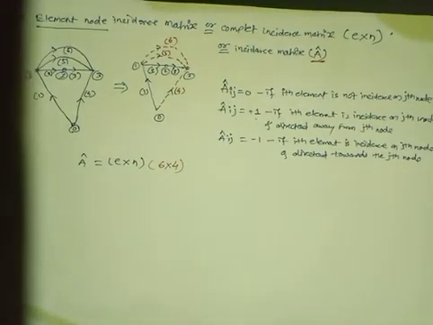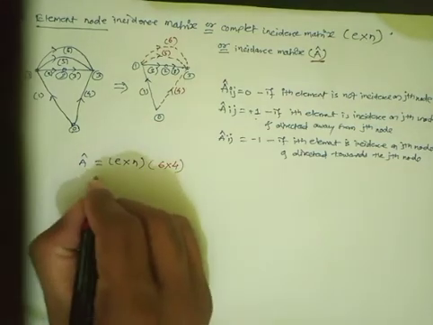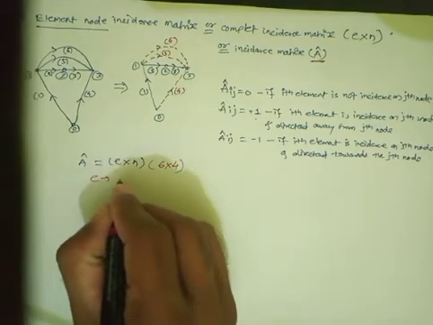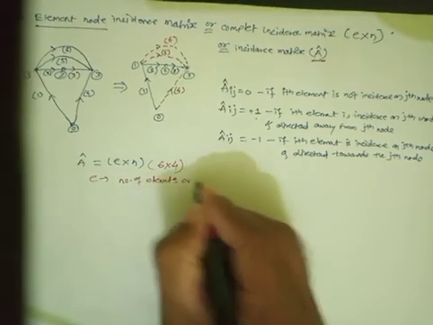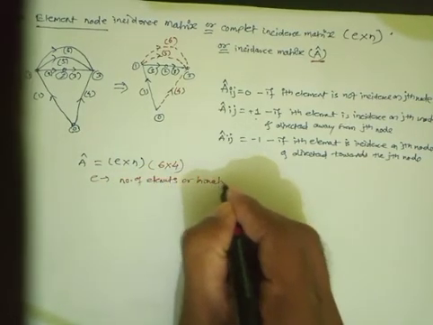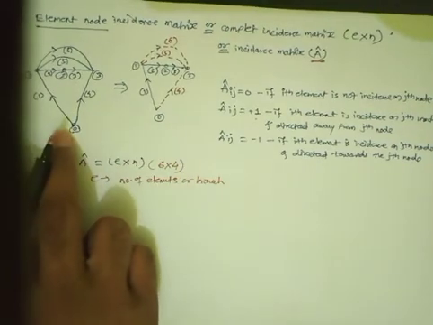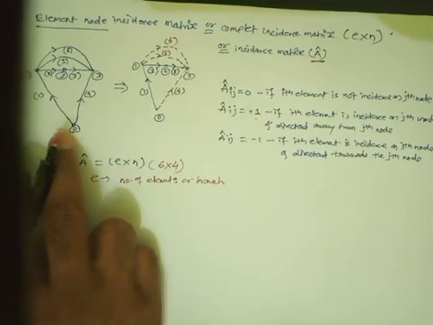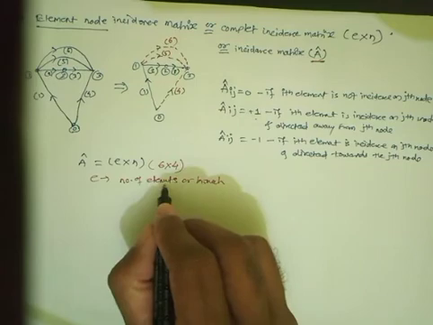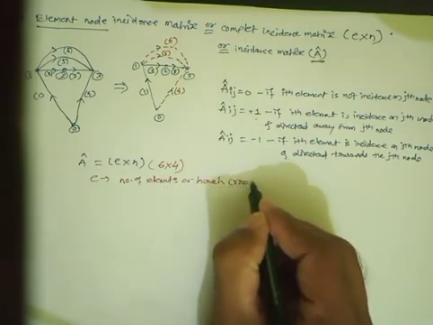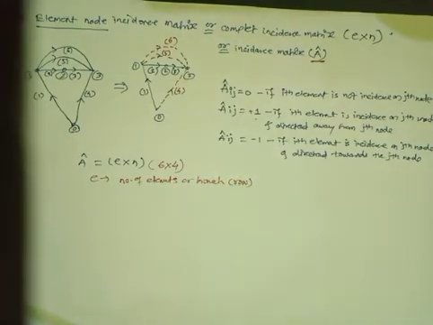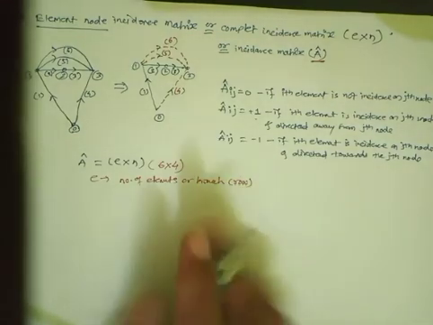Now again here E means nothing but the number of elements, or you can say branches. So here branch means element. In case of a tree, branch means twig. So either you call it number of elements or number of branches, that will be inserted into rows, means it will be considered as rows.